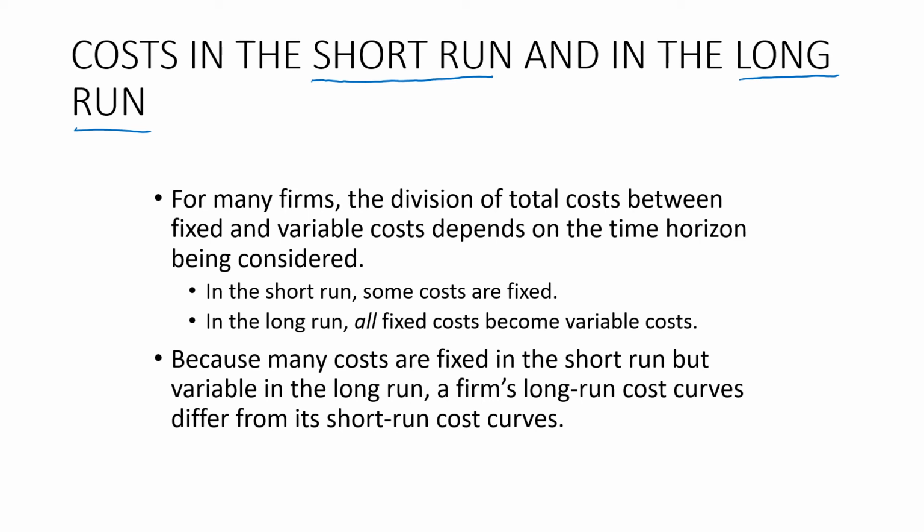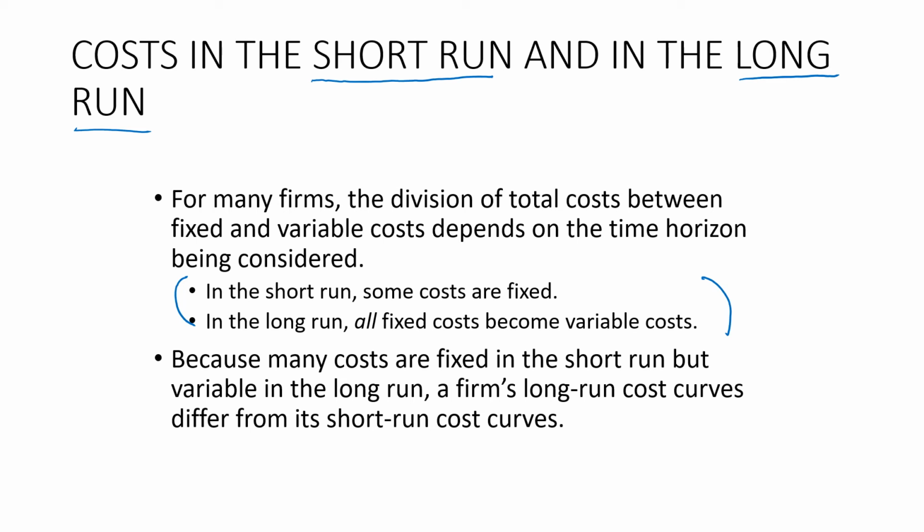So the basic distinction between the short run and the long run is that in the short run some of the costs are fixed, whereas in the long run all the costs are variable. So there is no concept of fixed cost in the long run. And because many costs are fixed in the short run but variable in the long run, a firm's long-run cost curve differs from its short-run cost curve.